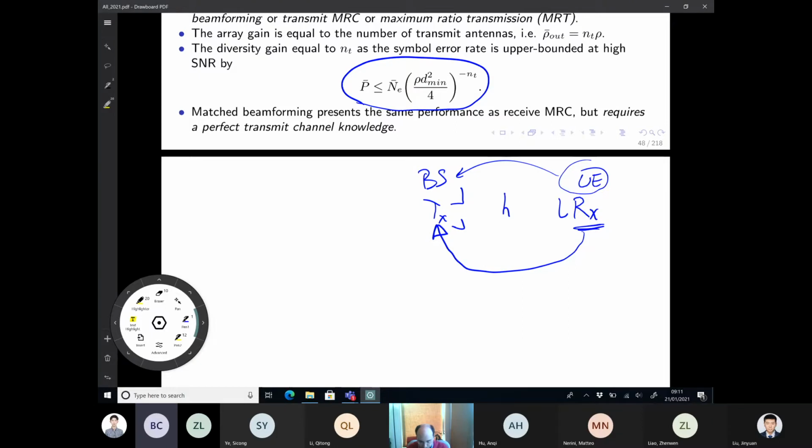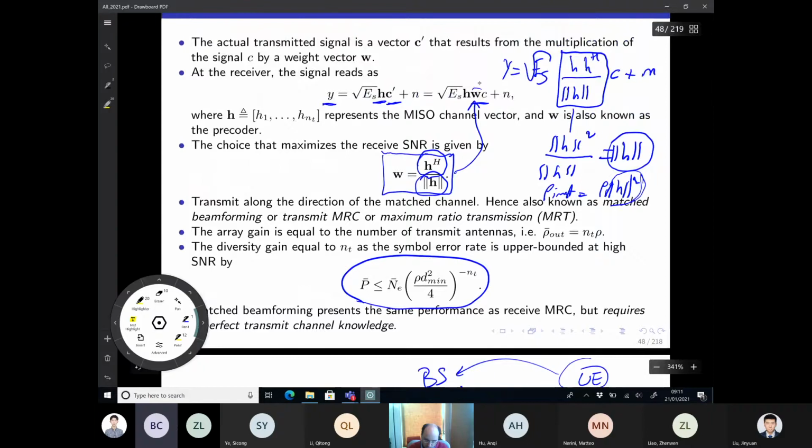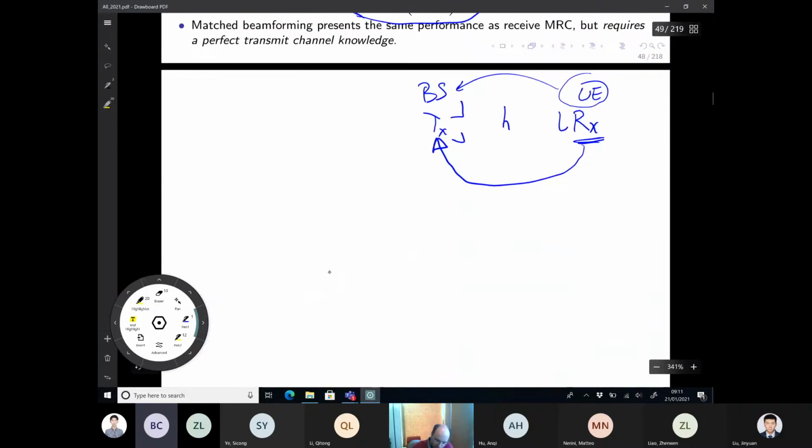So one way to interpret this, when you do W multiplied by C: let's say you have two transmit antennas, and you transmit a symbol C, but you precode it. So your W is, let's say, W1, W2, with two transmit antennas. That means you multiply C by W1, and it goes to the first antenna.